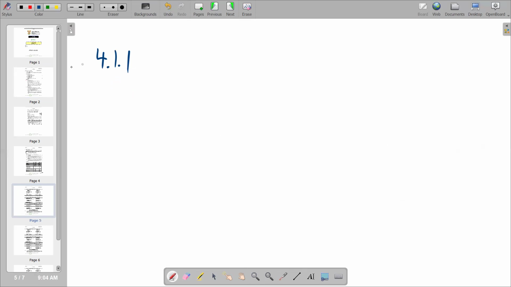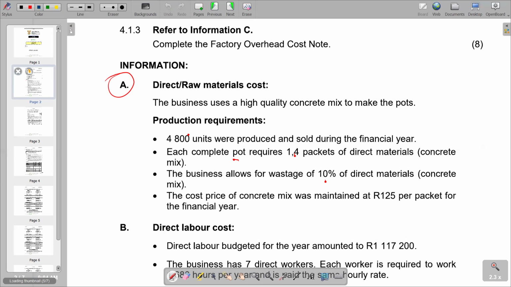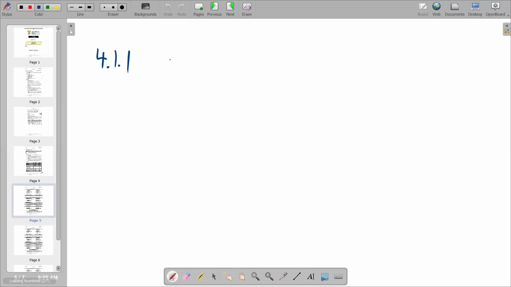Basically we have our 4,800 units, and then we multiply by 1.1. Remember, this 1.1 we are taking from the 110% as a decimal.